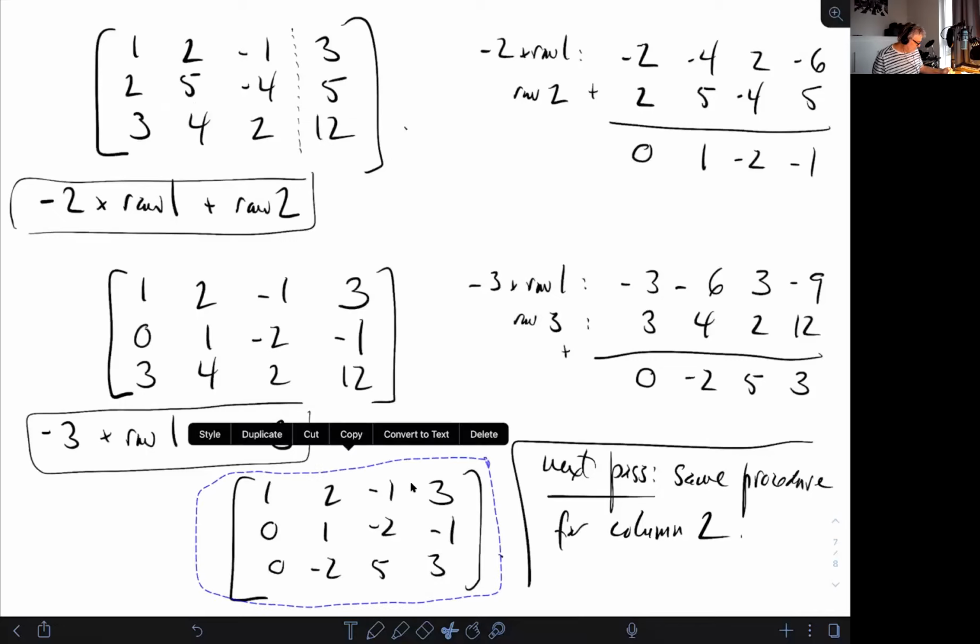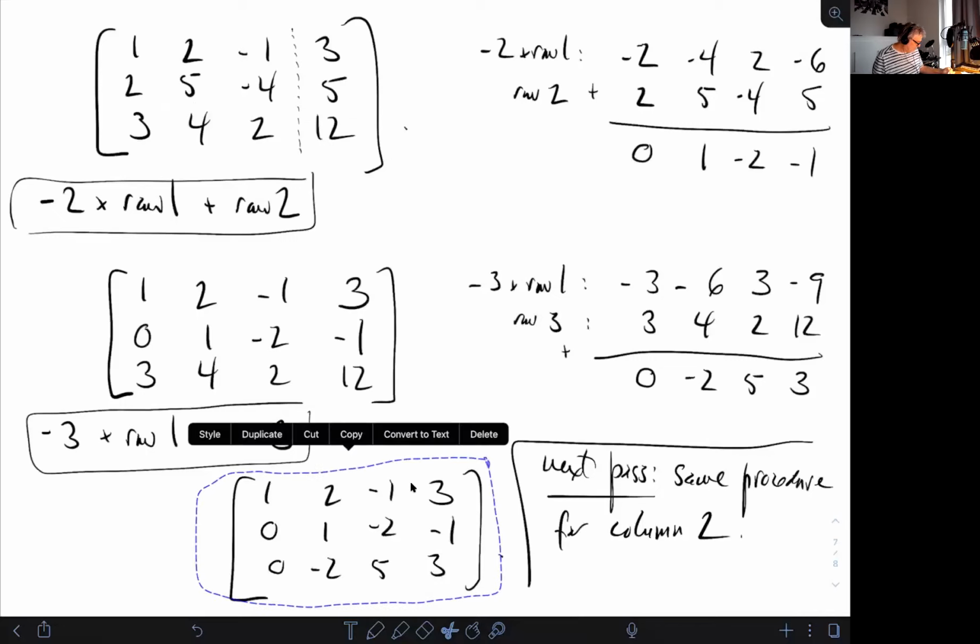Okay, so it's -2. I want to add 2 to that. So what I want to do is 2 times row 2 and add that to row 3.